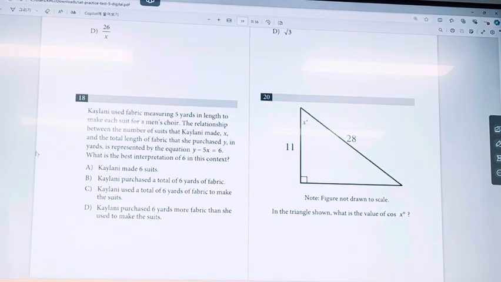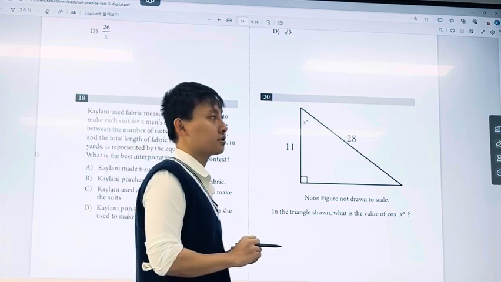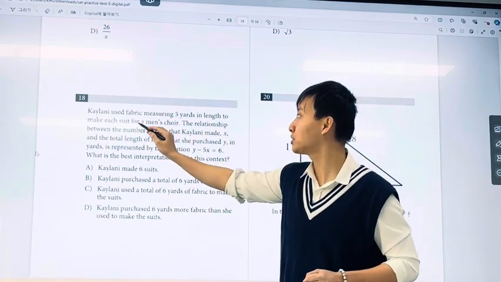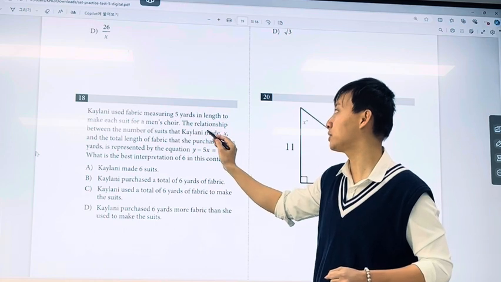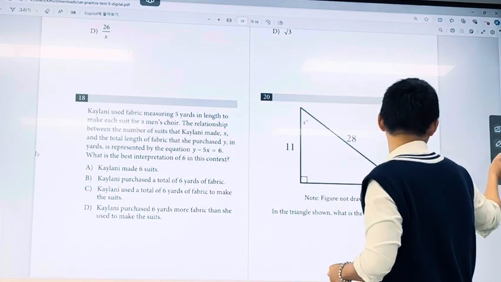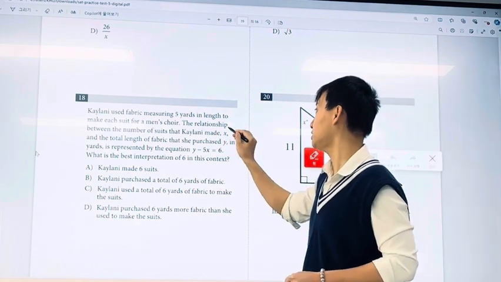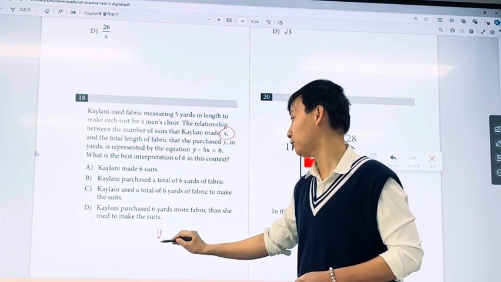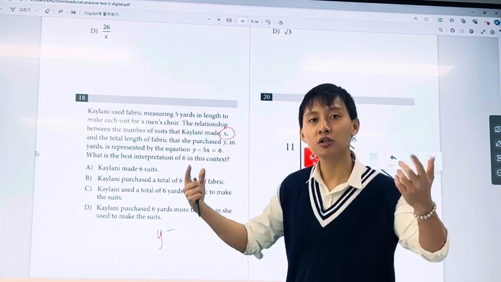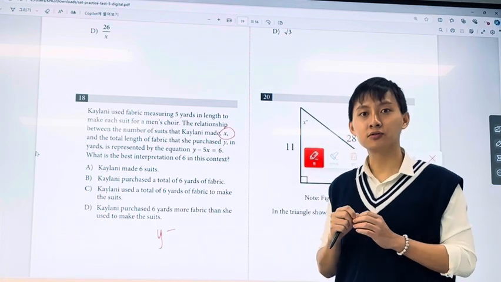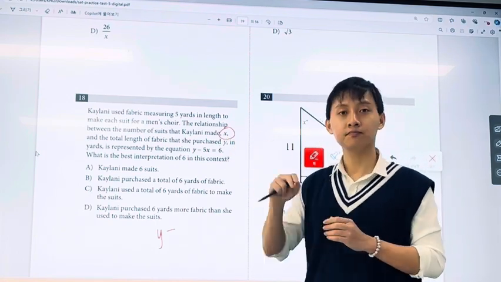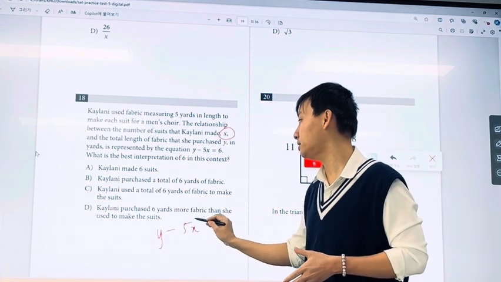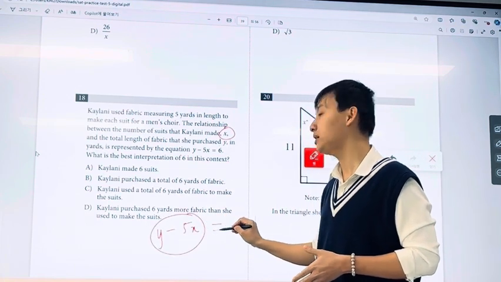Kalani used fabric 5 yards in length to make shoes, right? The relationship between this is the number of shoes and this is the total length of fabric she purchased, y, right? You can see that for one shoe she needs to use x length of fabric. So 5 is 1. This is the amount remaining, right?